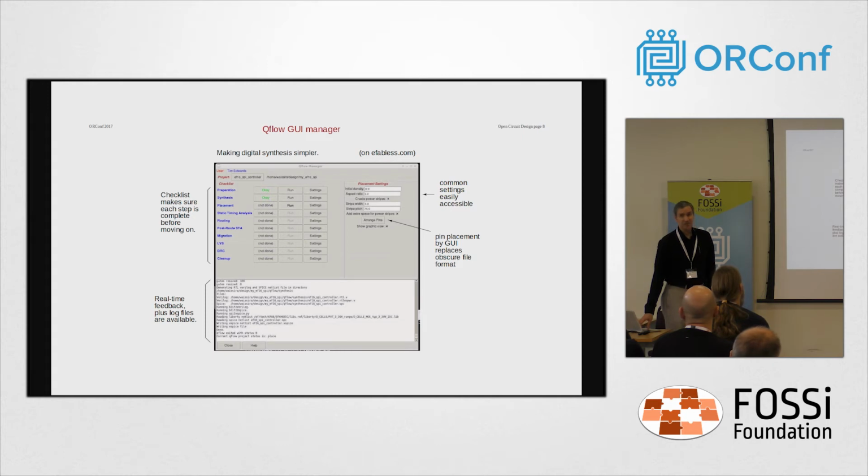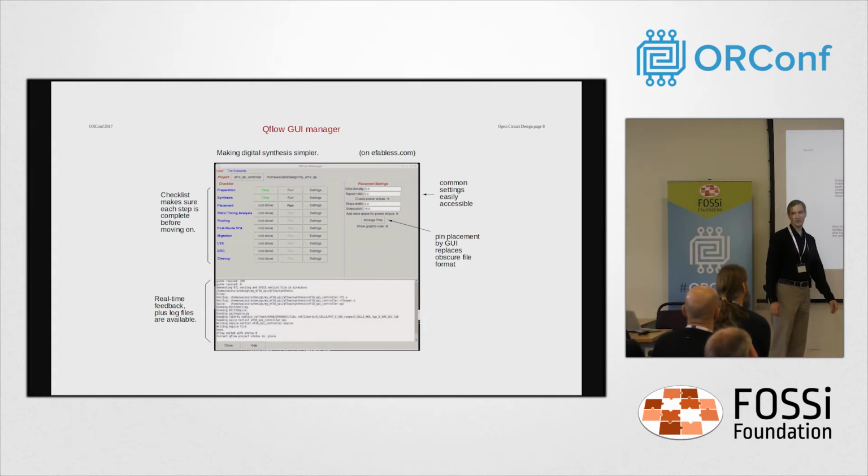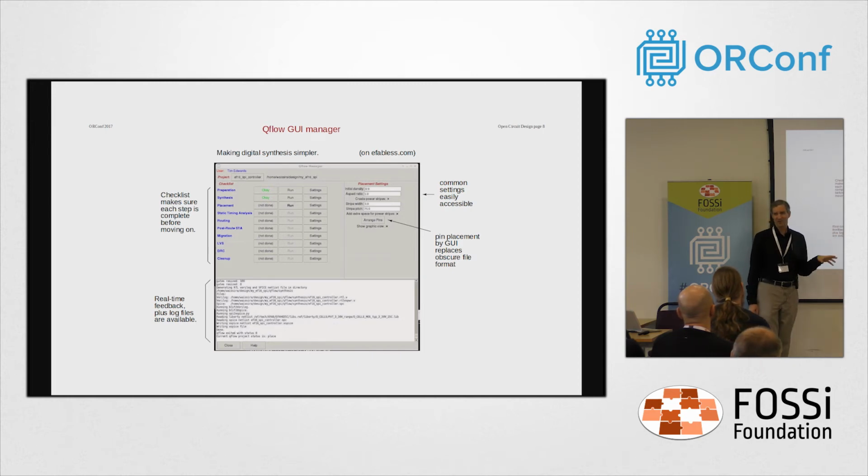Trying to make it ever simpler, I have finally gotten into making a GUI manager for the whole Q flow. This is on efabless.com. There's no particular reason that I don't have it on Open Circuit Design other than the fact that my first cut at this is somewhat hard-coded to the directory structure that we have tech files on at eFabless.